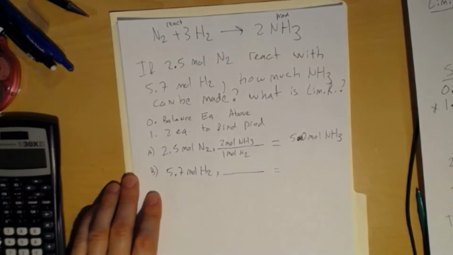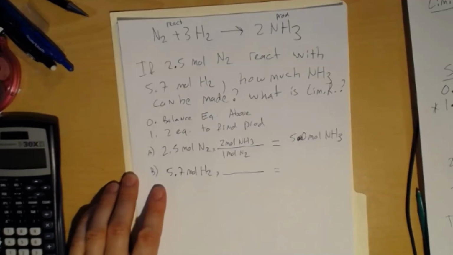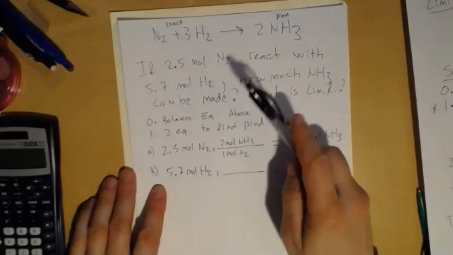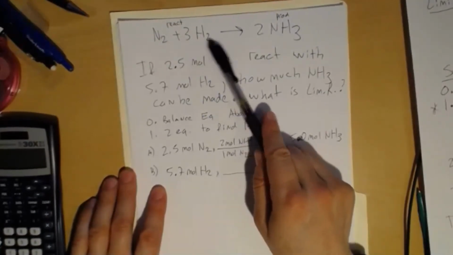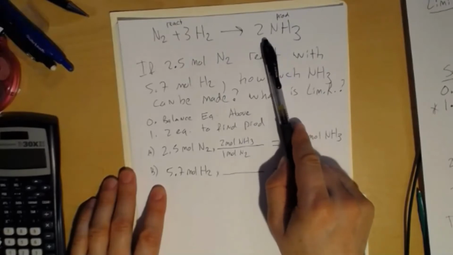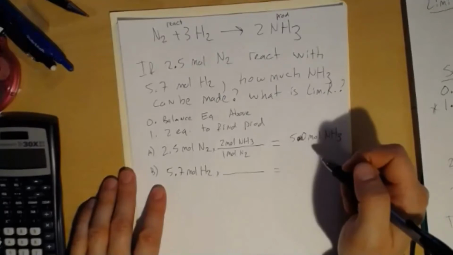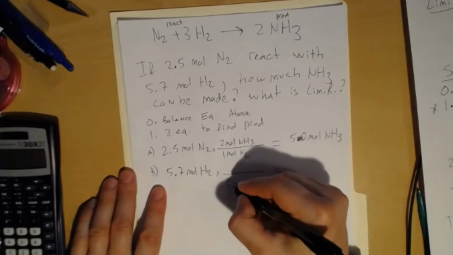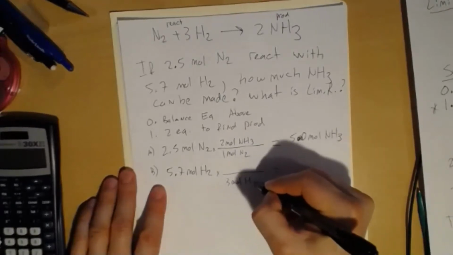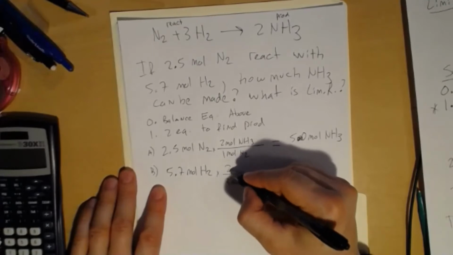5.7 moles of hydrogen. What's the ratio of hydrogen to ammonia? Is it 3? Yeah, there's a 3 for the hydrogen. 3 to 2. Okay, so where does the 3 go? On the bottom? Yes. 3 moles of hydrogen on the bottom, cancel. And 2 moles.